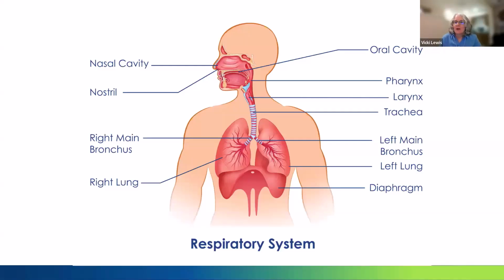Here is an image of the respiratory system, and I feel quite confident that you all could identify all of these structures. You don't need the labels. But the reason that this is here is, although respiratory muscle strength training is targeting these muscles of respiration, that muscle function has an impact on this entire respiratory system.